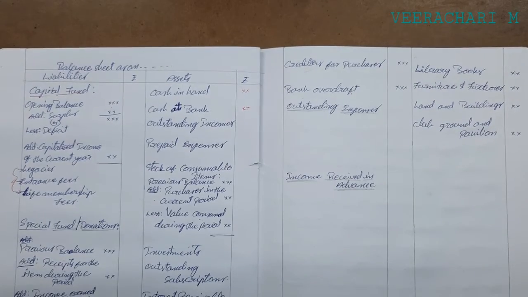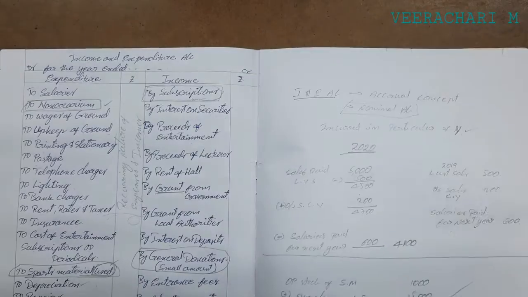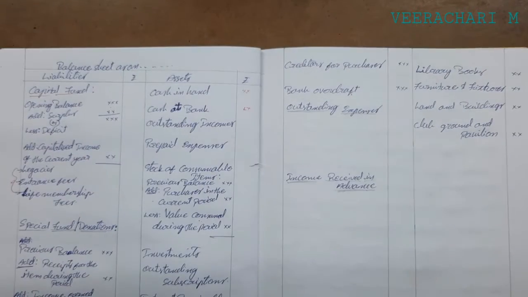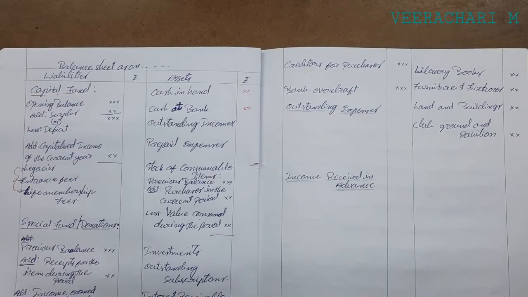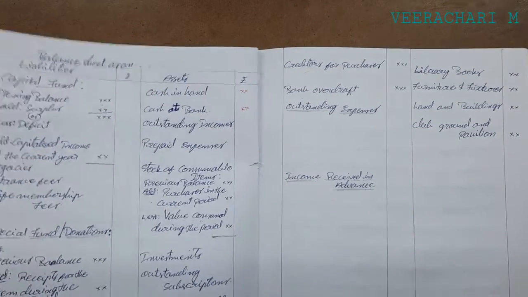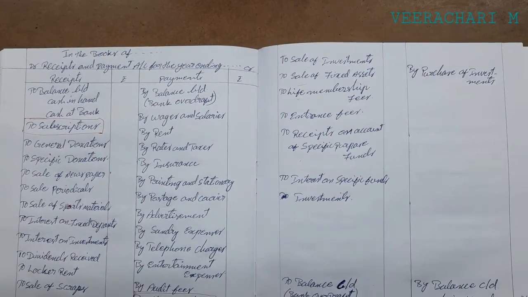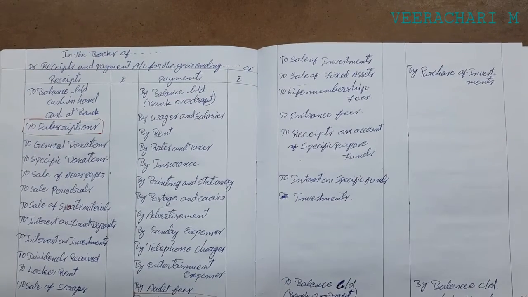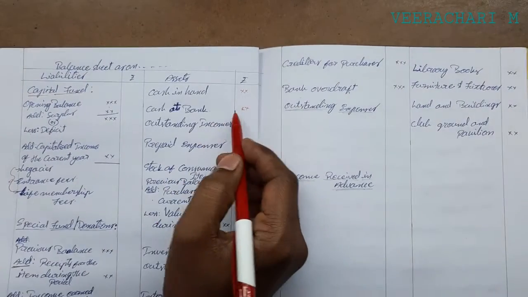In the receipts and payment account, the credit side shows balance carried down, and whatever the credited amount is, we write under assets.